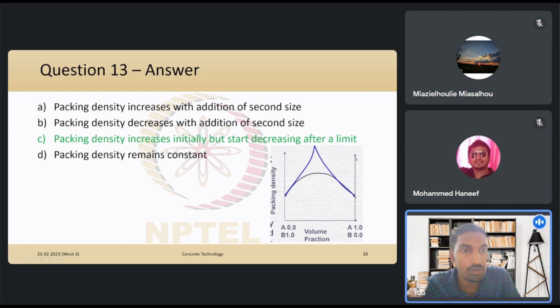So that's what we saw for the void ratio. For the packing density, it is just the inverse of that. As the void ratio goes down, your packing density goes higher, but the trend is the same. So it is going to increase, first reach a maximum, and then decrease. It's not going to keep on increasing or decreasing. So that is option C.